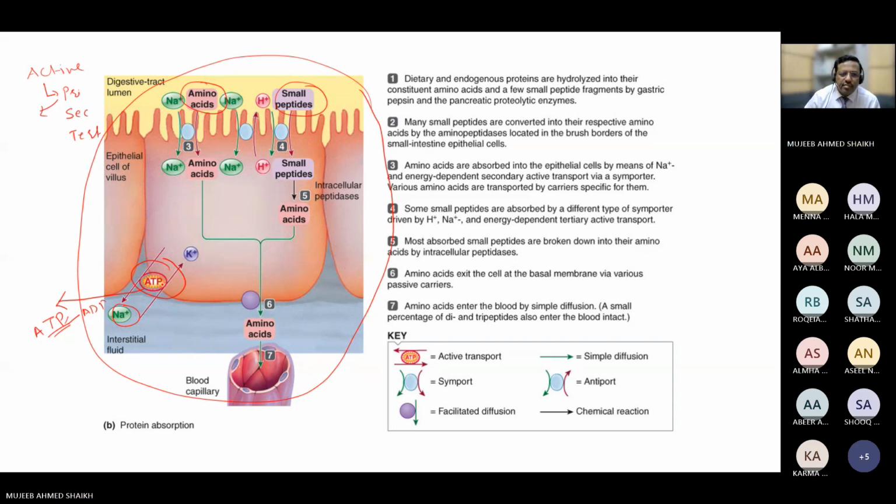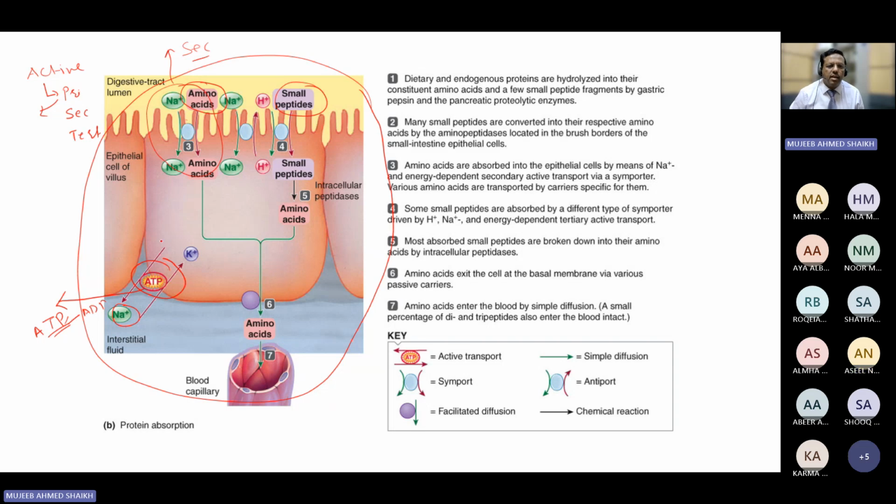Okay, tell me where secondary active transport is happening. In this picture, all three are there: primary, secondary, and tertiary. Where? Is it the amino acids and sodium? Yes, it is the amino acid and sodium, because it is not using energy directly here.